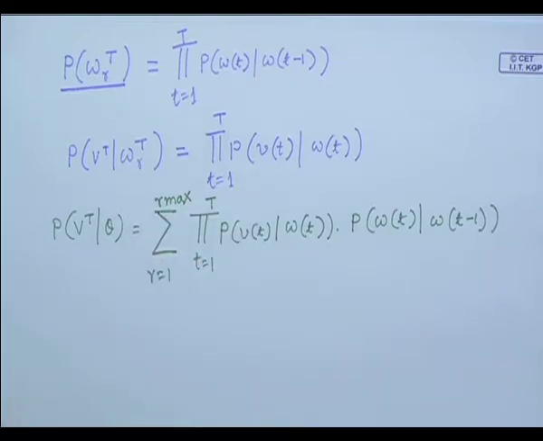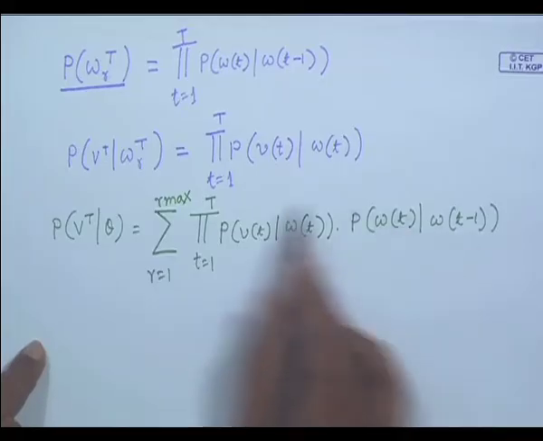So, given a hidden Markov model theta and a sequence of visible states V t, I can find out the probability that this model theta has generated this sequence of visible symbols V t by this expression.